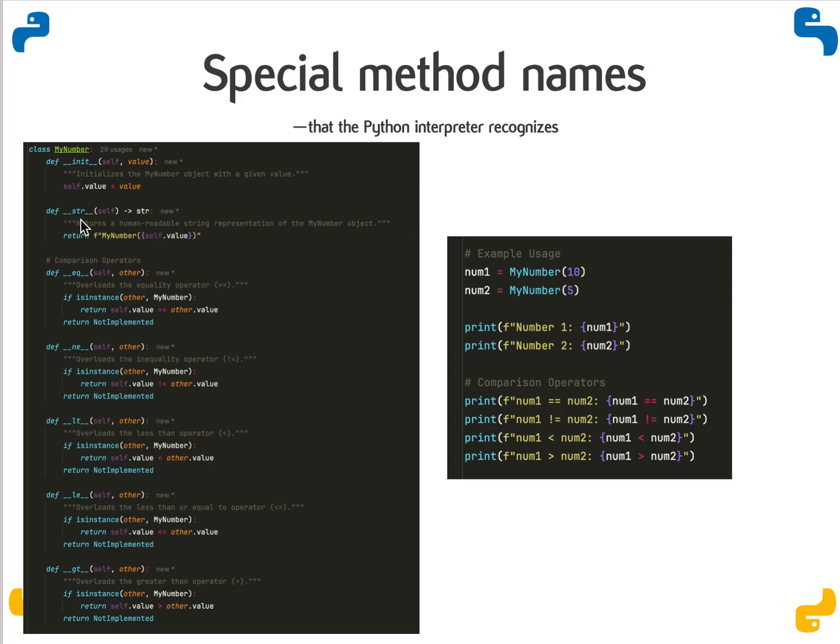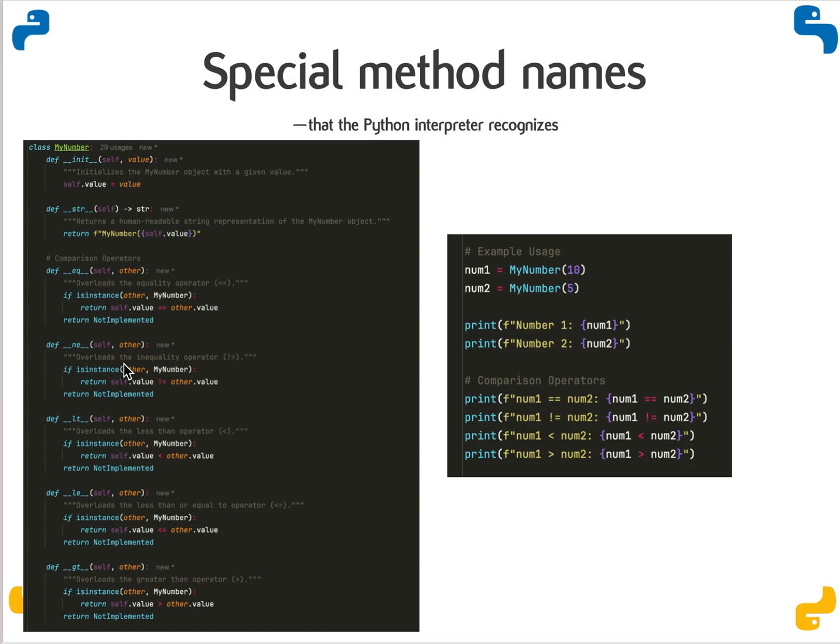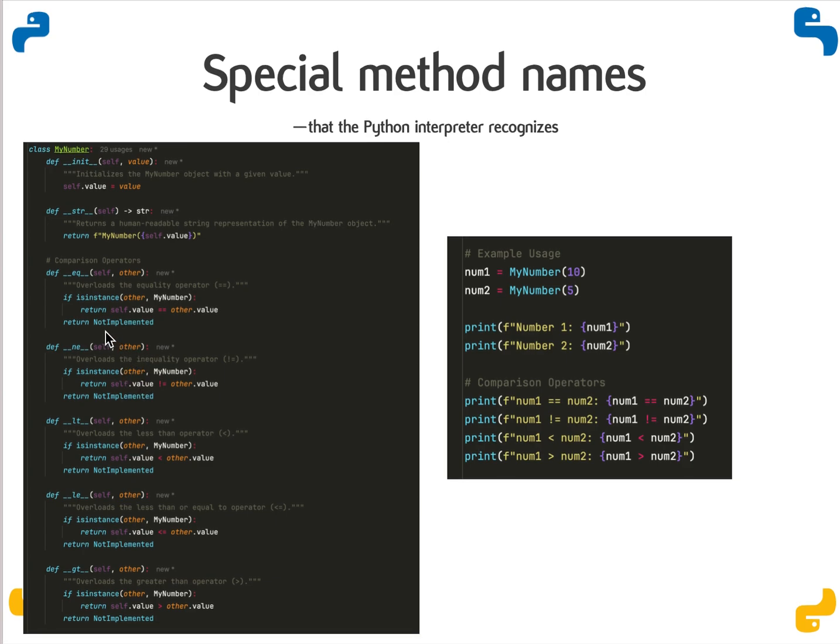The dunder str method defines how your object should be represented as a string. We can also define dunder methods to define how the comparison operators work for our object. And we can also define dunder methods to define how the arithmetic operators work for our object.